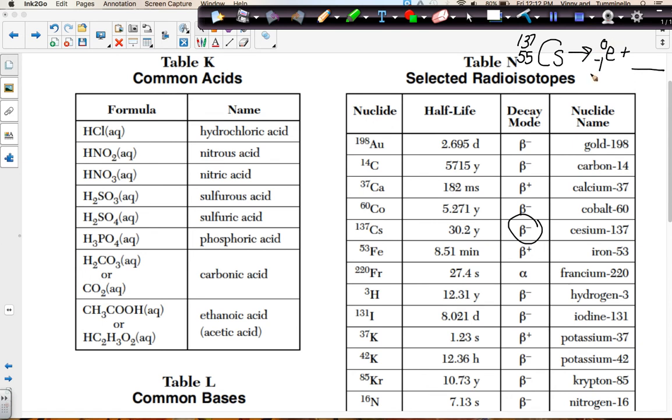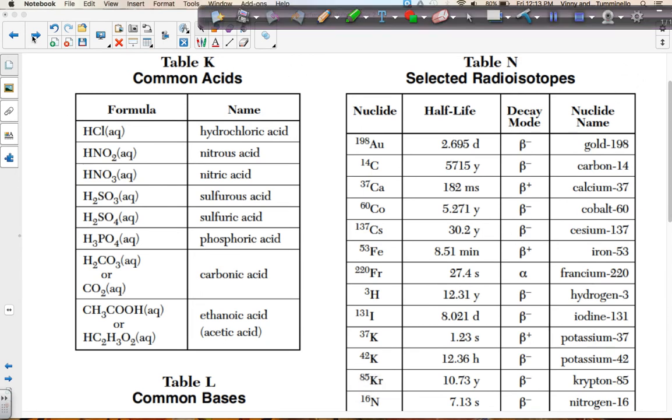One of the products will be the symbol for the decay mode, in this case beta, and the other product will complete the math problem. 137 plus 0 equals 137. Here the atomic number is 56, and a minus 1 gives us 55. On the periodic table, element number 56 is Ba, so this would complete the decay equation for cesium-137.